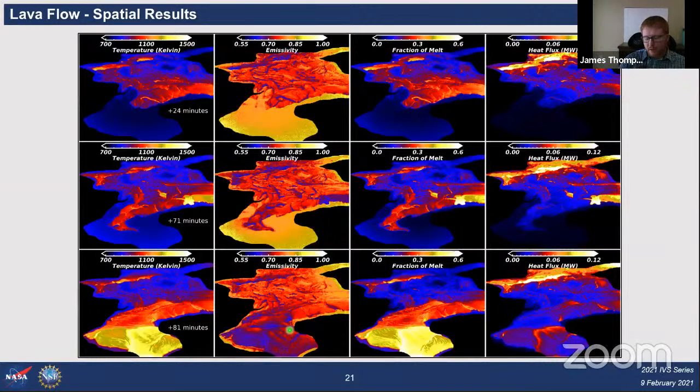So this is saying that we are not actually losing heat very efficiently compared to other regions of this lava flow, or this lava flow field. Another interesting thing to note is that in the back of this data, we can see this high flux region, and this is likely implying the supply of lava to the active front.